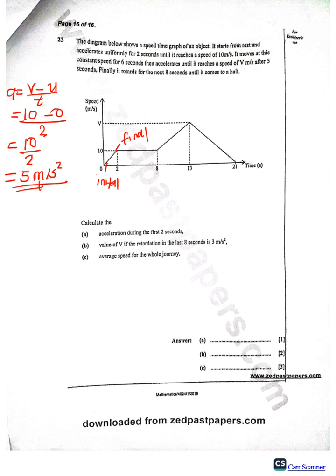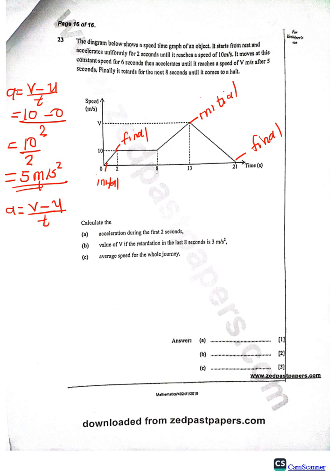Now for the second part: find the value of v, this v here, if the retardation in the last 8 seconds is 3 meters per second squared. So the retardation is this line where it is slanting downward. This now becomes our initial point. Then this is our final point. So acceleration, which is negative acceleration, is equal to final minus u over t.